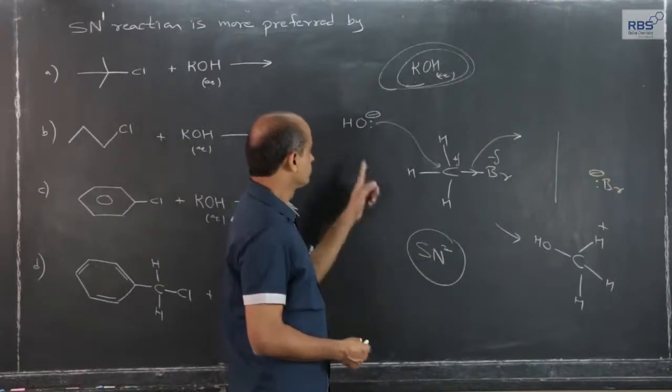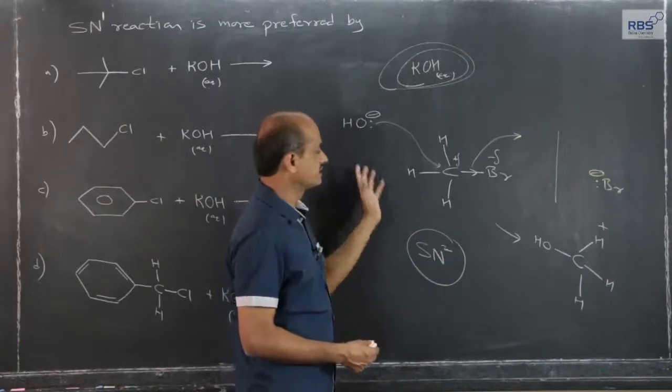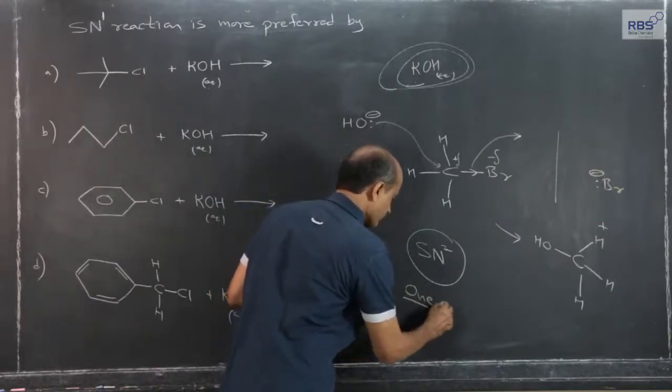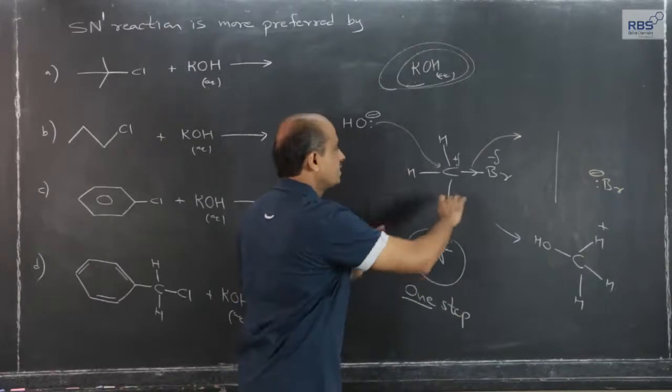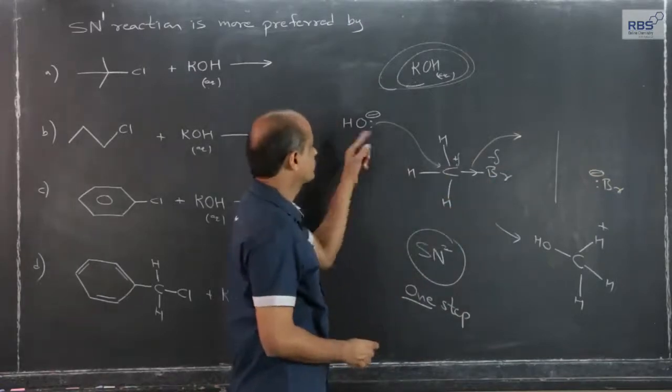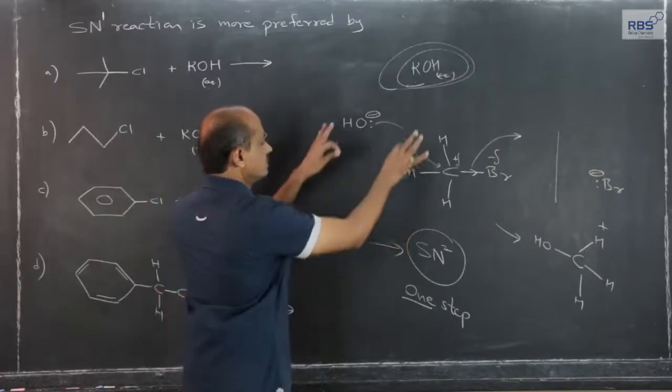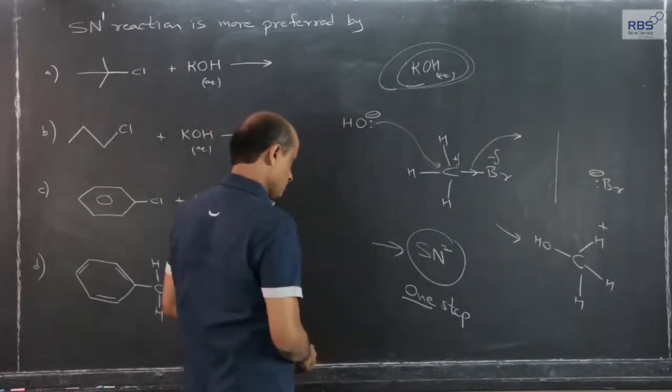In SN2, the attack is from the opposite side and simultaneously a one step reaction, meaning breaking of the old bond and formation of the new bond is simultaneous. That comes under what we call SN2. This is SN2.